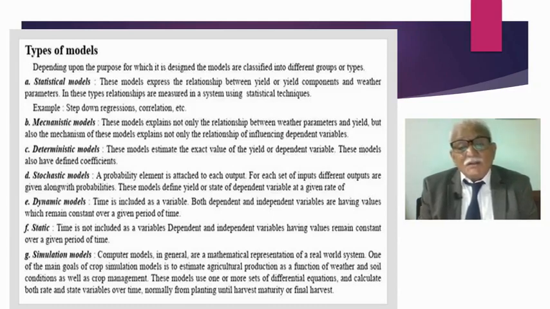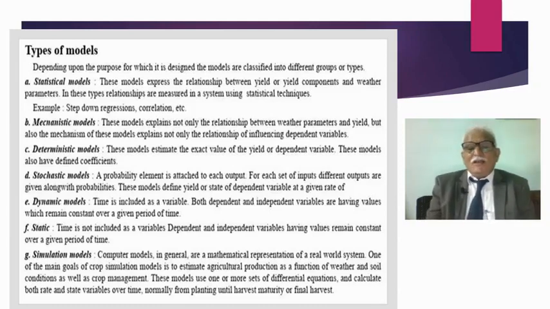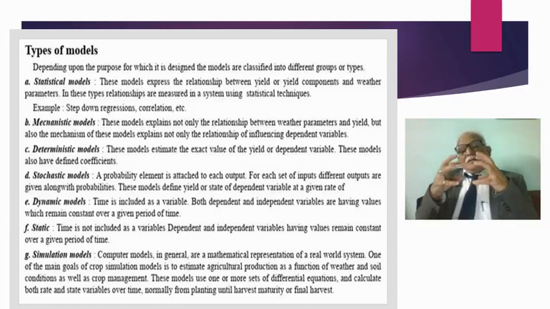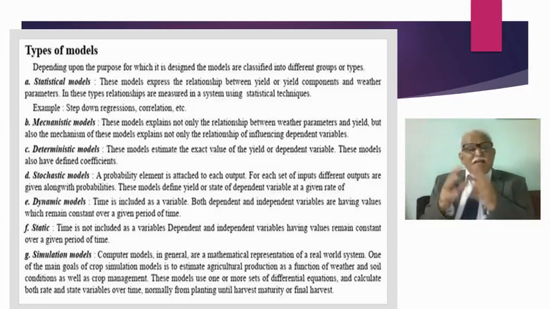A mathematical representation of a real world system. Mathematically, suppose for example (a + b)² is equal to a² + b² + 2ab, (a − b)² is a² + b² − 2ab. So left side and right side, similar to simulation models.